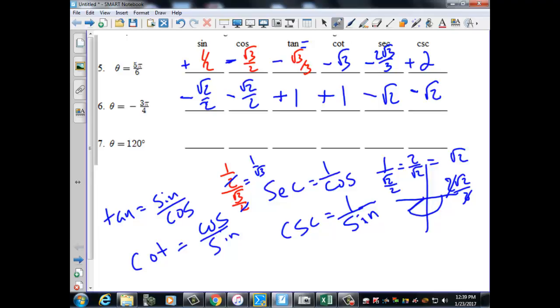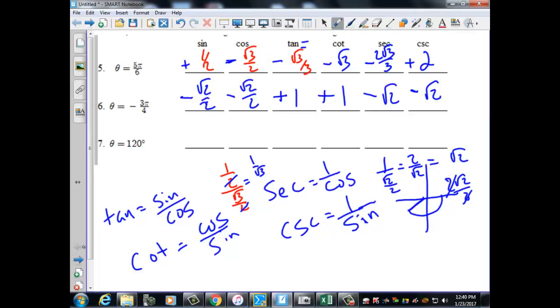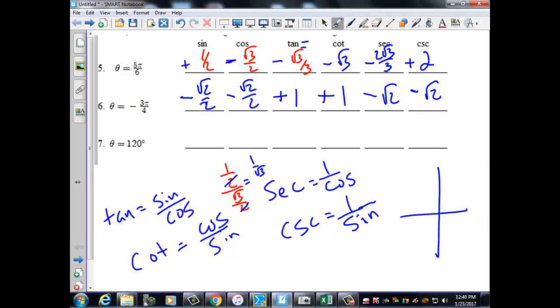Now, 120. 120 is in degrees. Let's back up. 120 degrees, which quadrant?